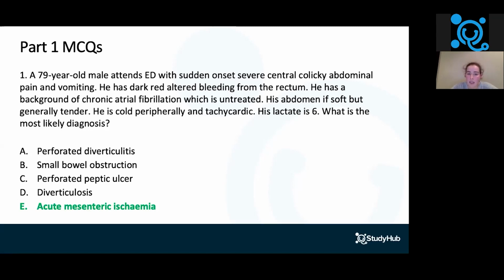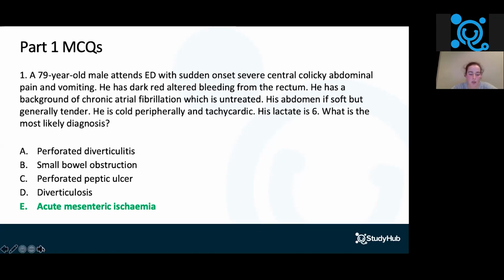The fact that he's unwell, agreed, it could be consistent with perforated diverticulitis and a high lactate, but in that situation you wouldn't usually get so much bleeding. And often in patients with acute mesenteric ischemia, they're very unwell, but they don't have lots of abdominal signs. And in this question, it says the abdomen's soft, but generally tender, whereas in perforated diverticulitis, the patient would usually be peritonitic.